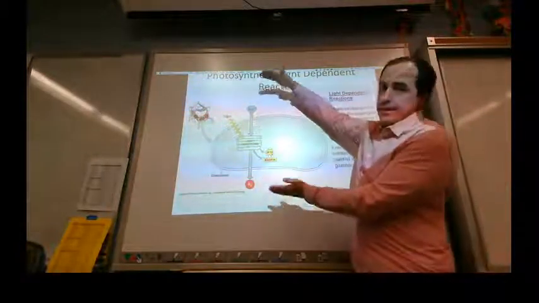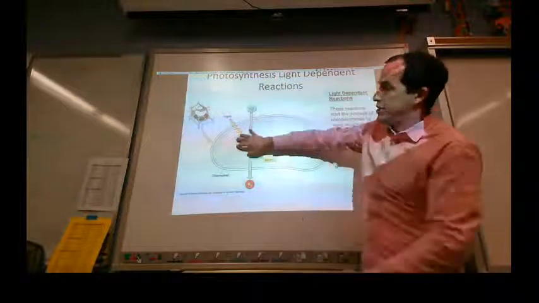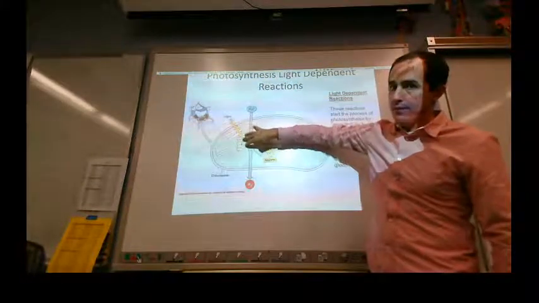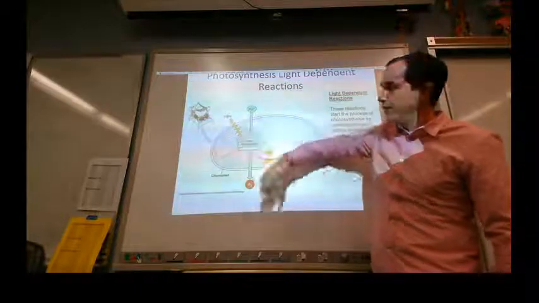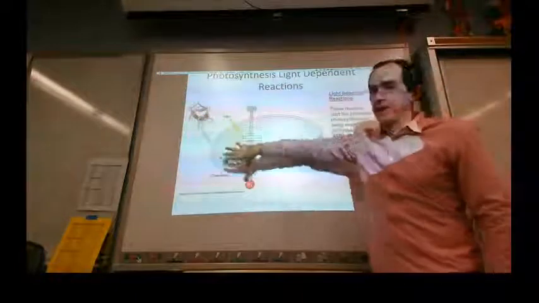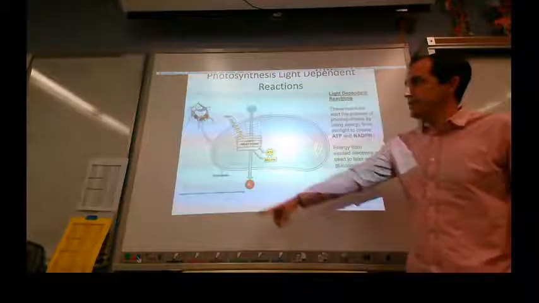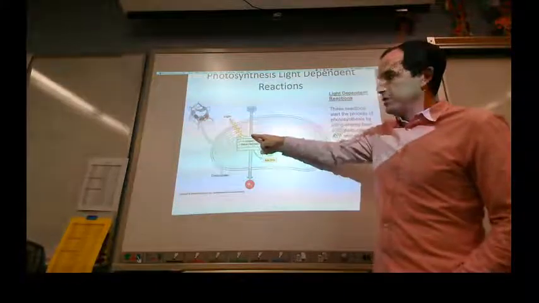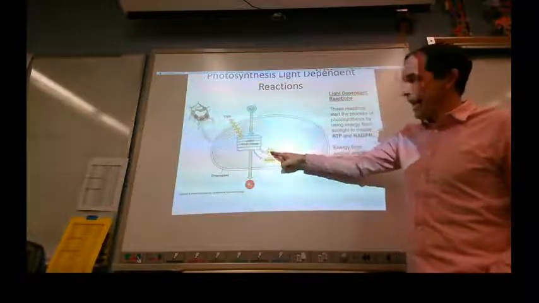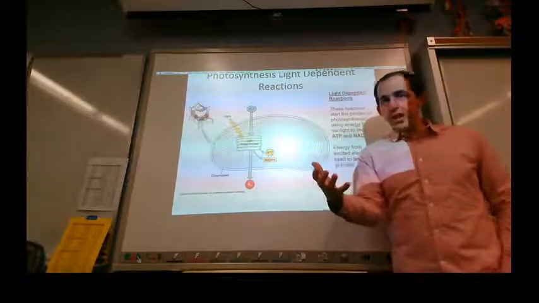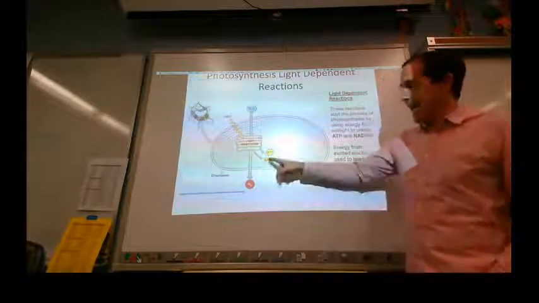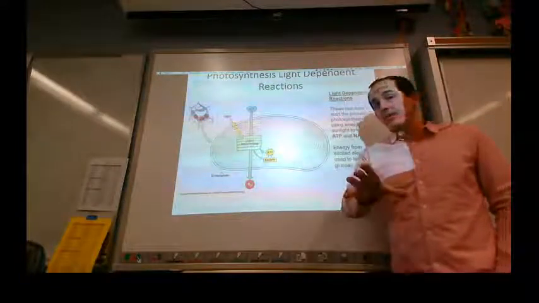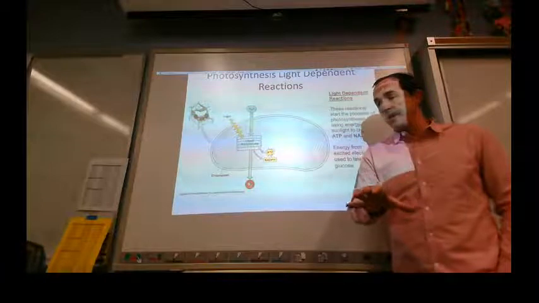The light-dependent reactions, which occur on that inner membrane of the chloroplast, on those thylakoids, take in energy from the sun as well as water to create ATP, which is our energy molecule, and NADPH, which is an electron carrier, and we'll see more about that here in just a minute.